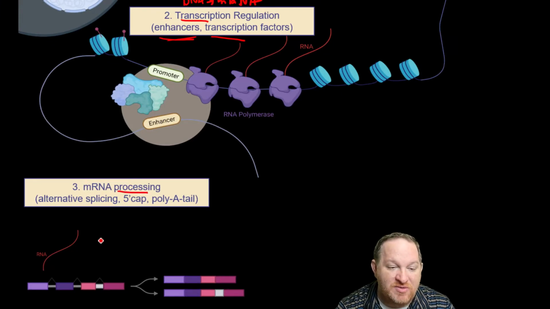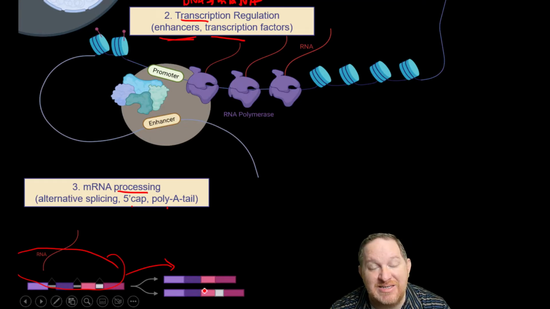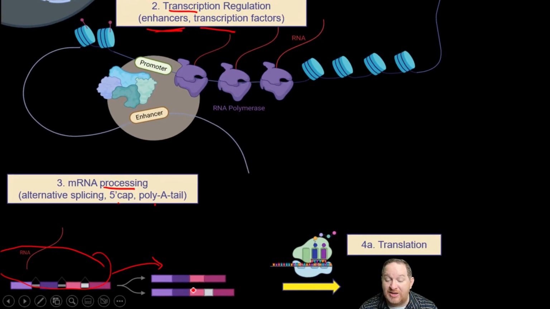You may remember things like adding a 5' cap, a poly A tail, and then also alternative splicing. Meaning, if this is our original piece of mRNA, we can splice together different sets of genes so that we're getting some different outcomes.